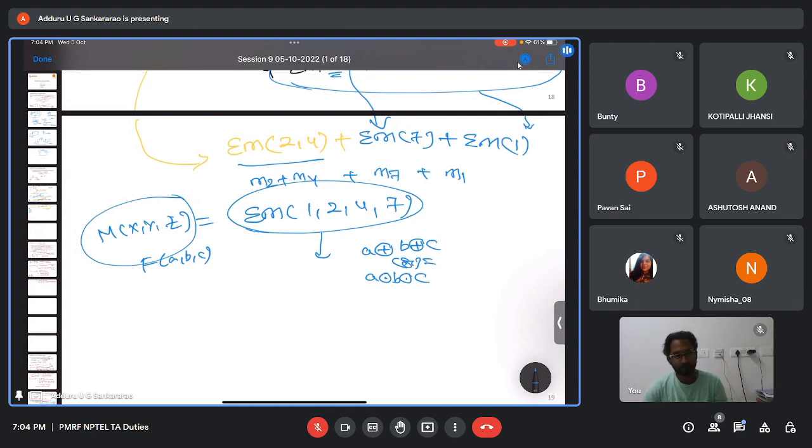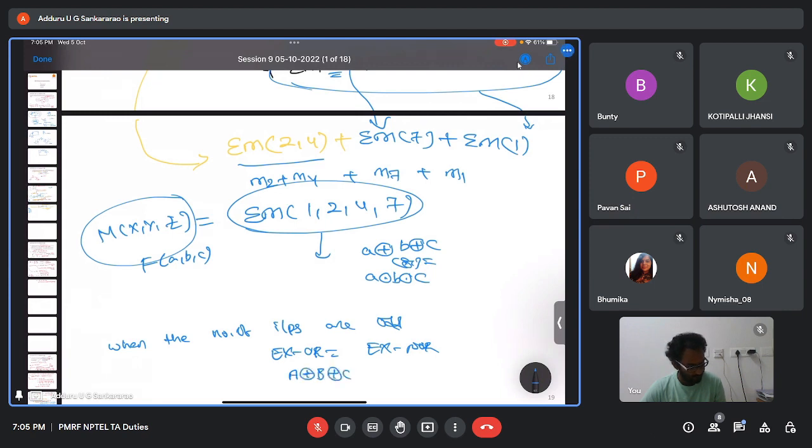When the number of inputs are odd, then XOR equals XNOR, right? I think you know this.